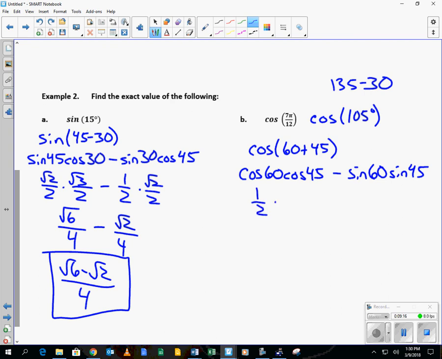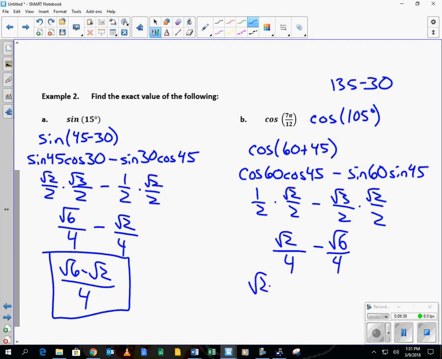Cosine of 45, root 2 over 2, minus sine of 60, root of 3 over 2 times sine of 45. And I get root of 2 over 4 minus root of 6 over 4, which is root of 2 minus root of 6 all over 4.